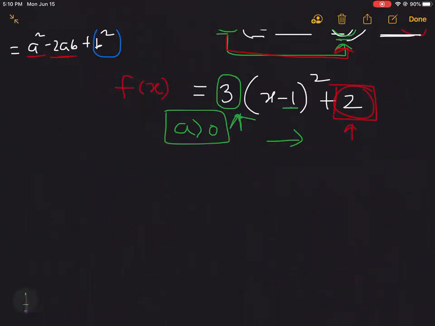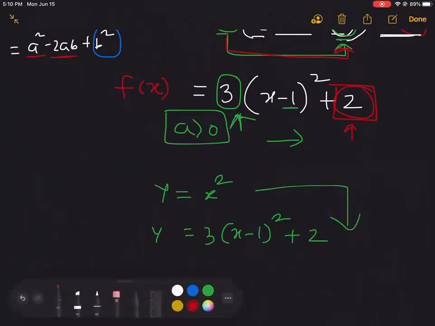So overall, if we had a graph of x squared, now we have a graph of 3 times the quantity x minus 1 squared plus 2. Our graph will be stretched vertically by 3 units. It will move to our right by 1 unit, and it will be shifted upwards vertically by 2 units as well.